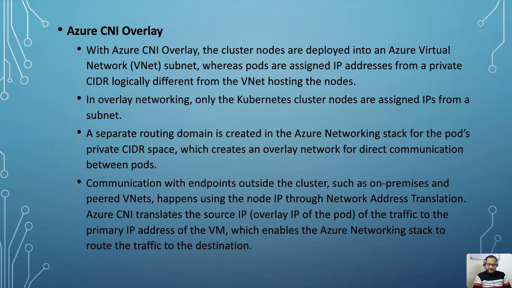So basically, what this line is trying to say is that the pod IP will communicate to the node IP, and the node IP will interact with the destination IP or end user.